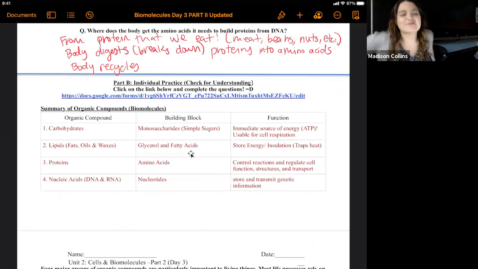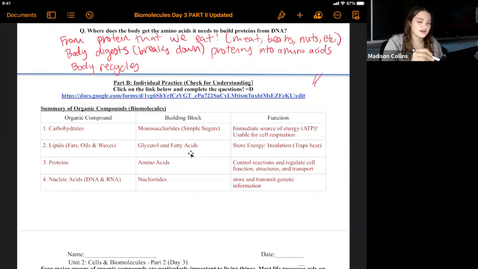Okay, part B, the next thing I want you guys to do is I've given you a chart of a summary of all of the biomolecules you need to know. So remember the 4 biomolecules we've talked about are carbohydrates, lipids, proteins, and now nucleic acids.